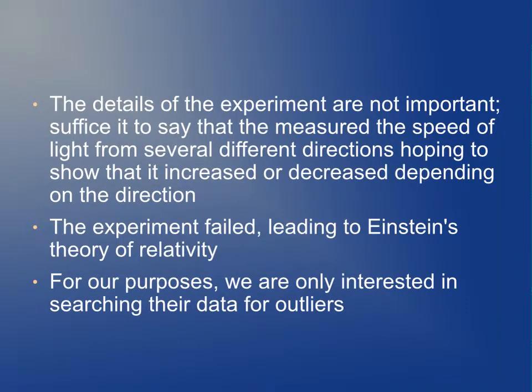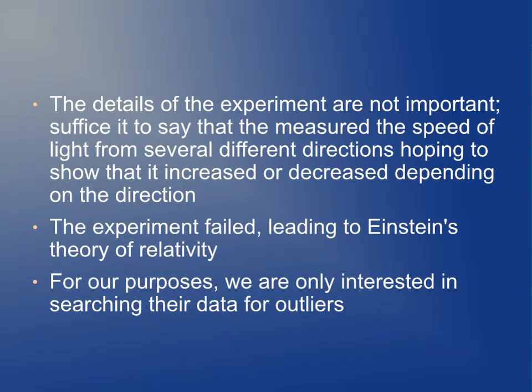The details of the experiment don't matter too much. Basically, they measured the speed of light coming from several different directions, hoping to show that it increased or decreased depending on the direction. And it turned out that the direction didn't matter at all.